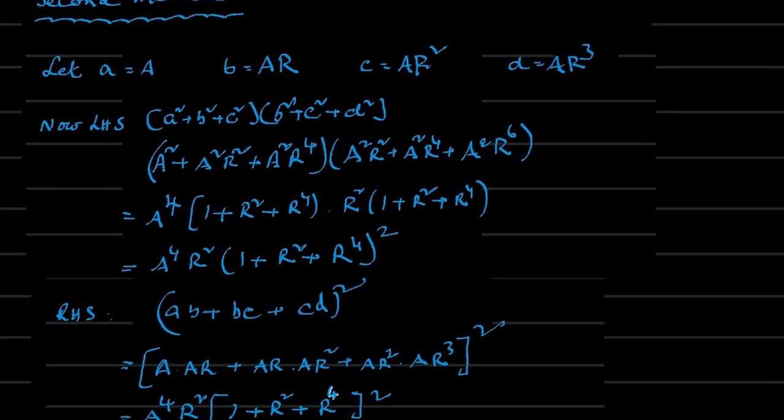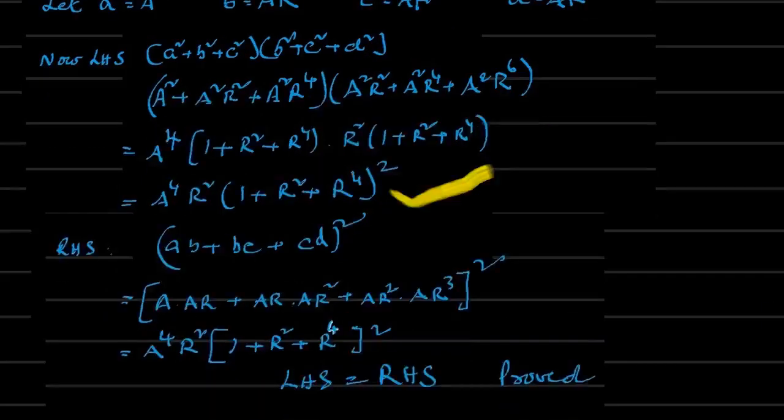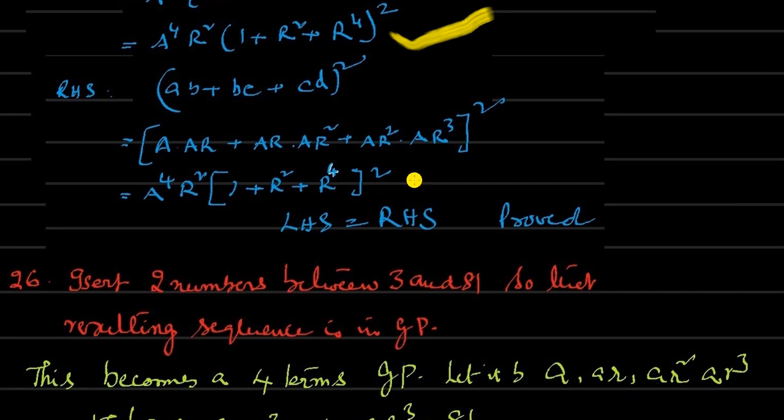I gave you another method. A, B, C, D are in GP. So let A be A, B be AR, C be AR square, D be AR cube. You put these things in the LHS, you get this. Same thing, you put in the RHS, you get the same thing again.